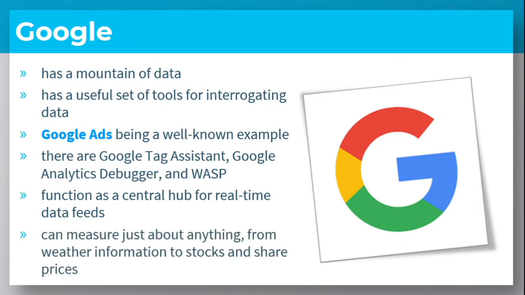And yes, you're correct, Google can measure just about everything, from weather information to stock market or even share prices. It can measure almost anything. That is Google. You can get big data information from Google.